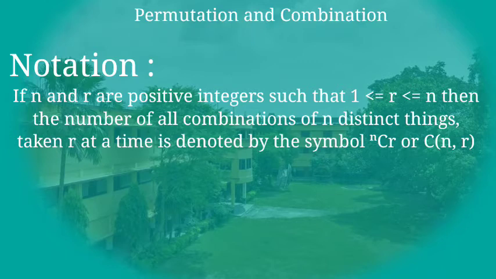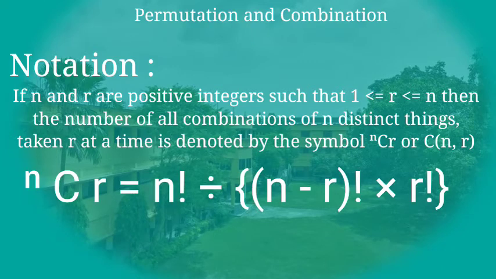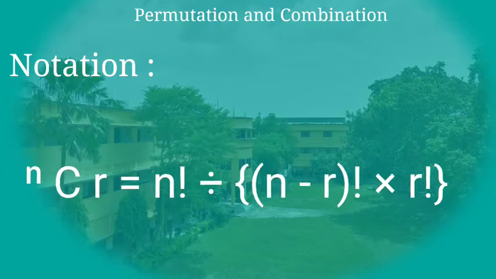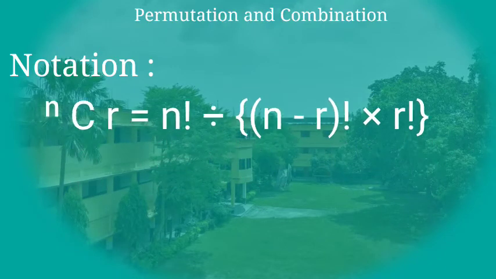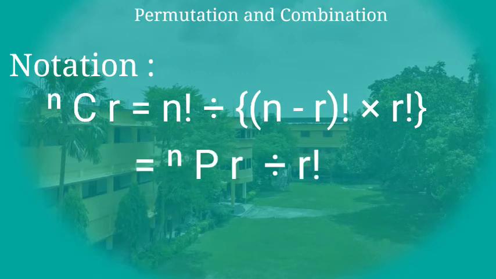Also, it can be written as C of n comma r, and its value is given by nCr equals n factorial divided by the product of n minus r factorial and r factorial. That means n factorial divided by n minus r factorial is itself nPr.